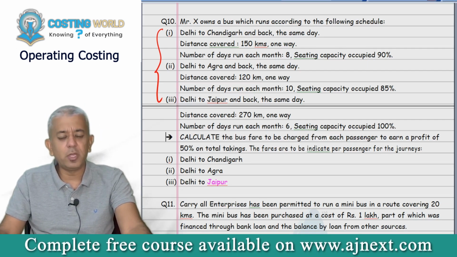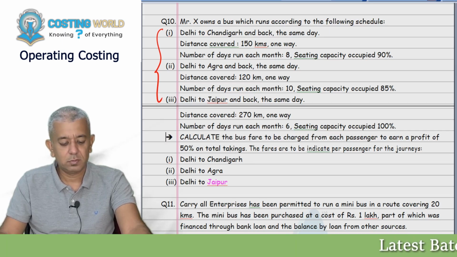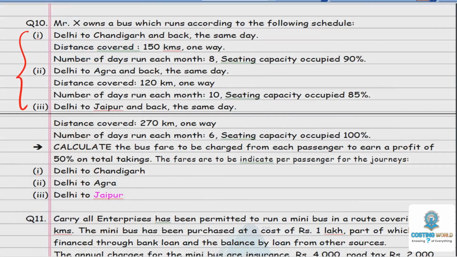Do that in rough only or just on calci? When you get it, tell me the answer please. Want number of kilometers per month. Number of kilometers, not passenger kilometers.